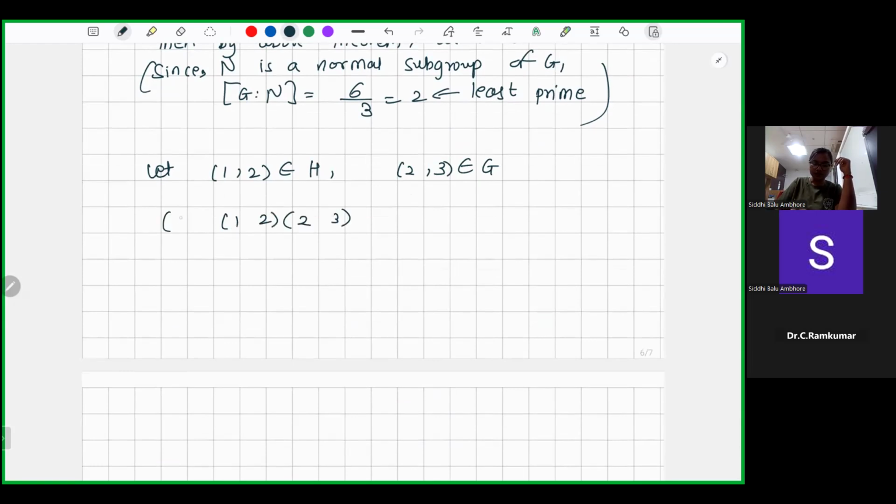Even I am not sure whether this will work, but what is the product of this? Here 1 goes to 2 and here 2 goes to 1, so I am getting 1 here. 2 goes to 3, 3 goes to 3 here, 3 goes to 2, and 2 goes to 1.